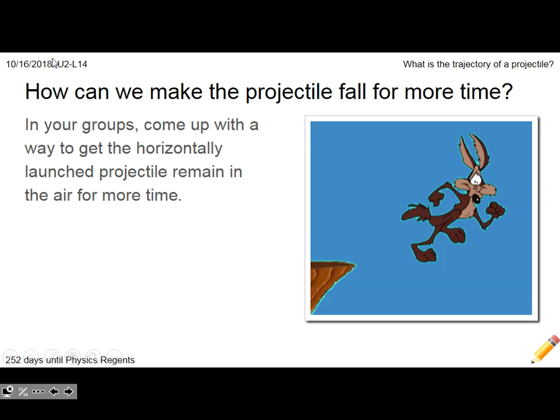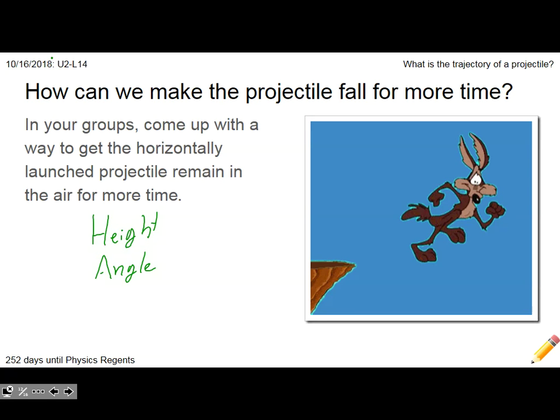All right, so table 1, what do you want to vary so that the projectile remains in the air for more time? Height's fine. You can just, one answer is fine. Table 2, what do you want to vary so it stays in the air for more time? The angle?